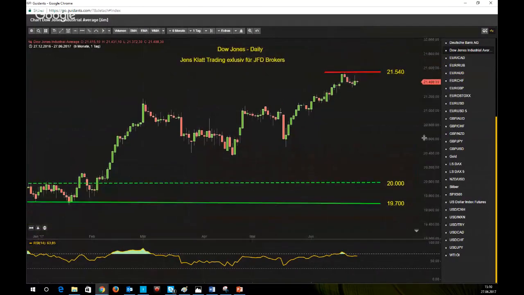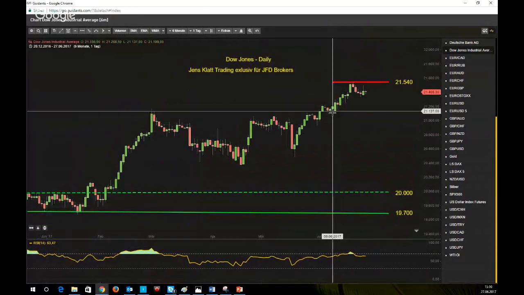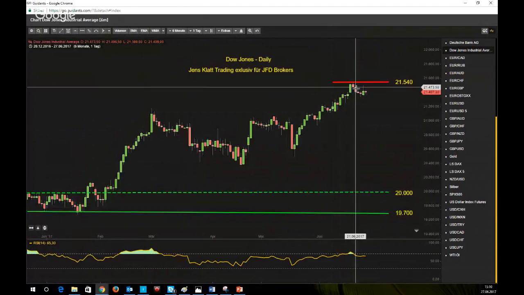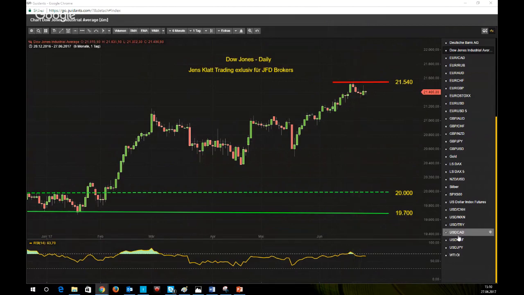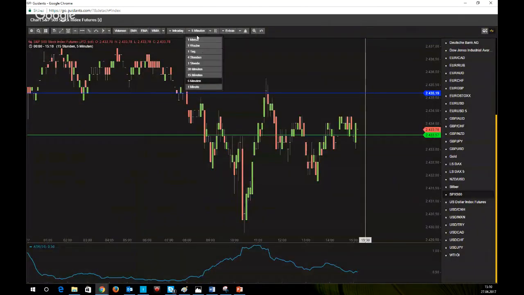But even though we're still extended on the upside, that's the other side of the coin, meaning in case of the Dow Jones, for example, there's still a chance that sooner or later we're pushing down to 21,100 points, respectively in the S&P 500, that we push probably as low as 2,400 points.